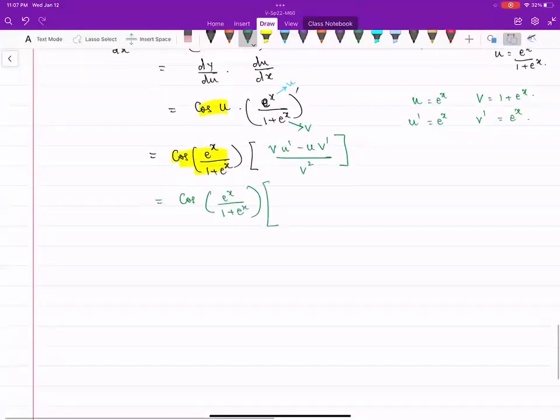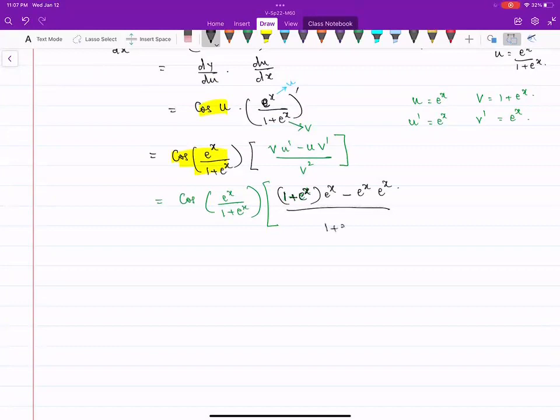For the inner derivative, we substitute v, which is 1 plus e to the x. Then u prime, that is e to the x. u, that is e to the x. v prime, that is e to the x again, divided by v squared, that is 1 plus e to the x, the whole square.